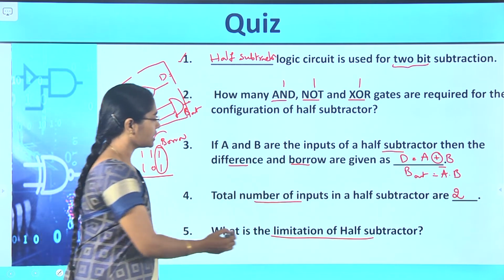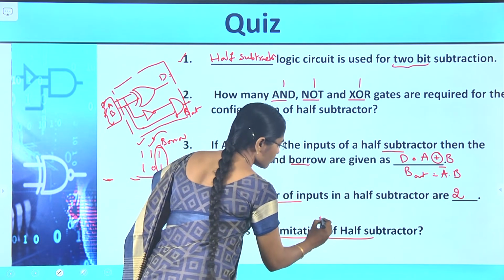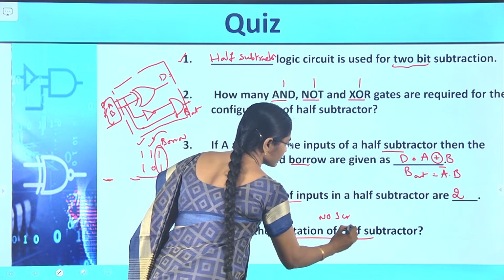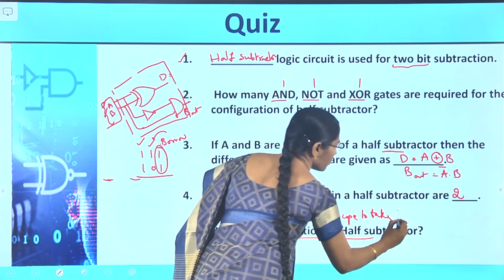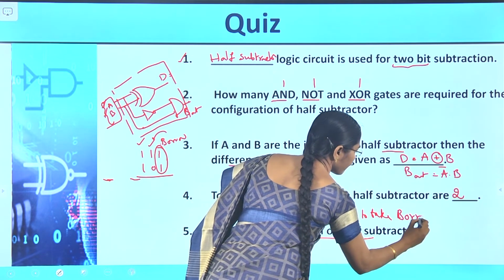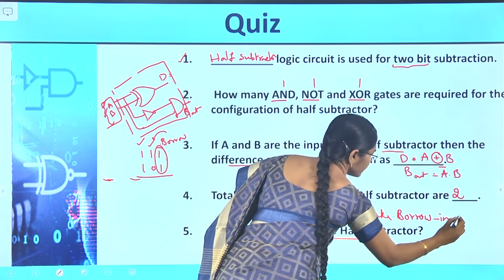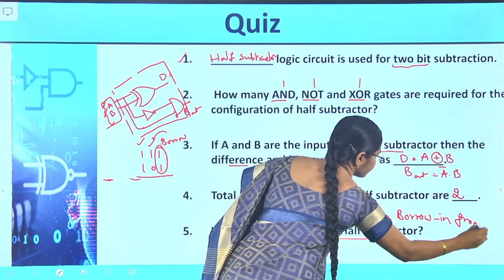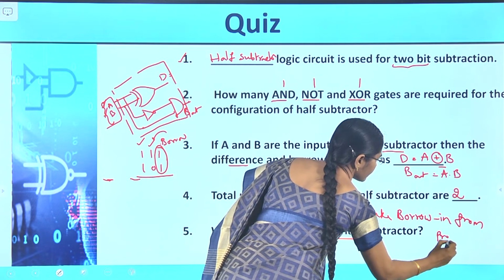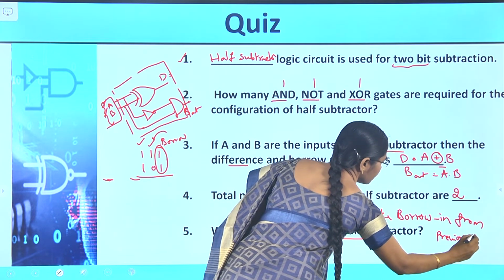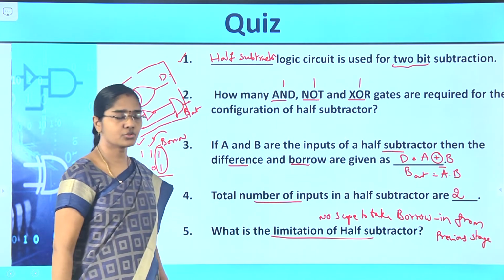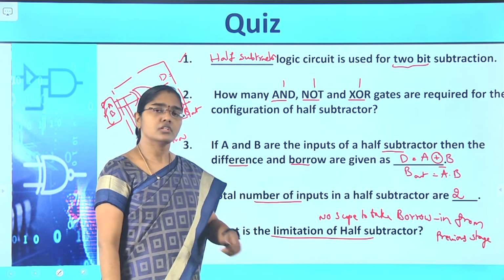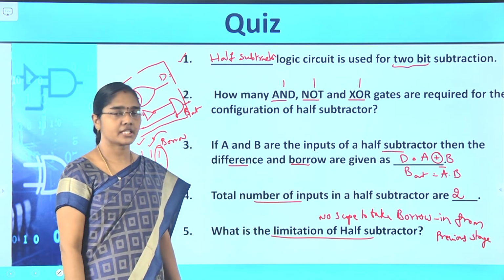So the limitation is that there is no scope to take borrow in from the previous stage. To avoid that limitation, we are designing the full subtractor.